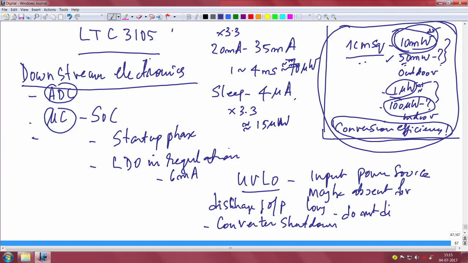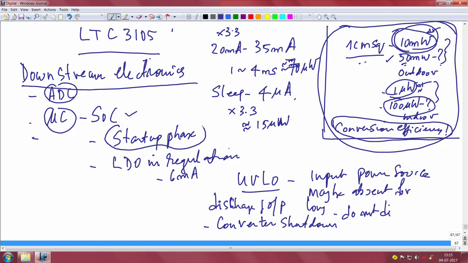You may want to just do some sensing operation like the condition monitoring we discussed, but all of that means the LTC 3105, when an input is given, like the 1 volt input we discussed, goes through several phases before you can actually start drawing the power output, either the LDO output for certain operations or actually communicating the sensor value.